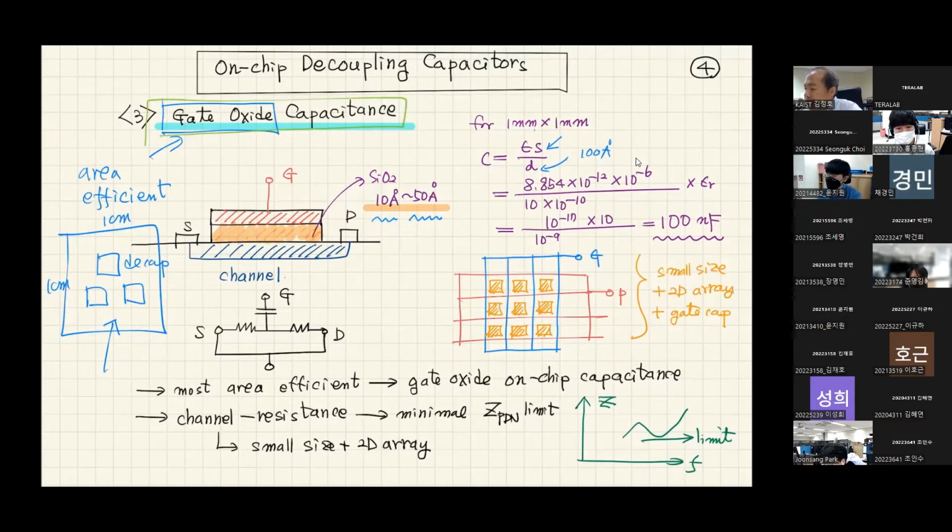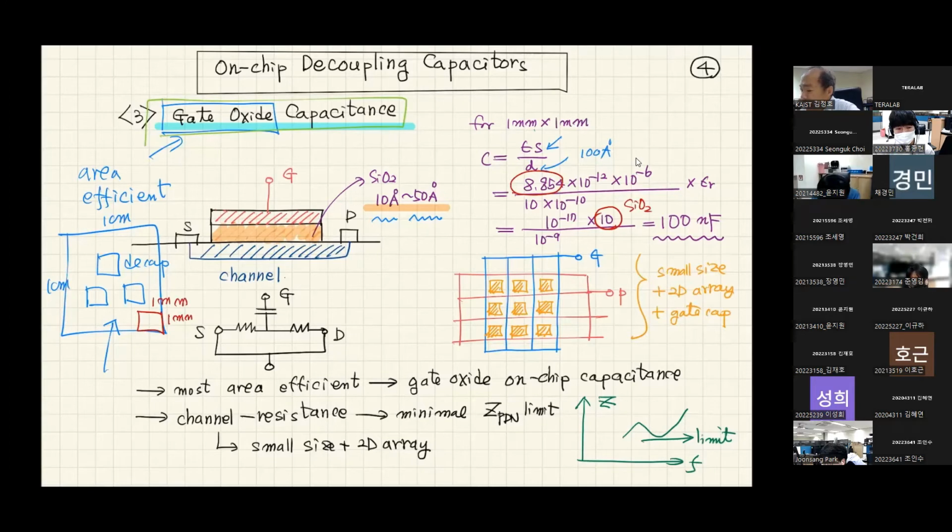For example, let's assume that you have a dielectric material which has a dielectric constant of 10. I think the silicon dioxide dielectric constant is near 10. We are assuming that this chip has a decoupling capacitor size of 1 millimeter by 1 millimeter.